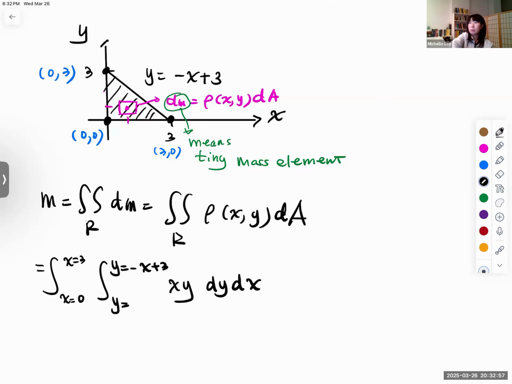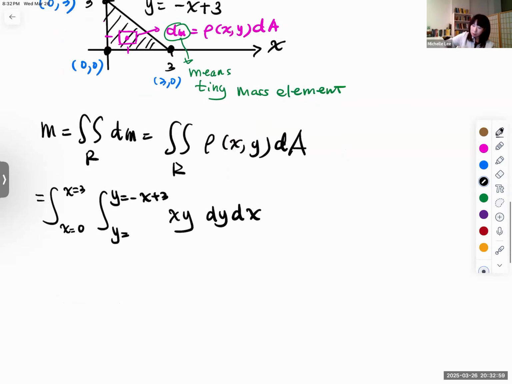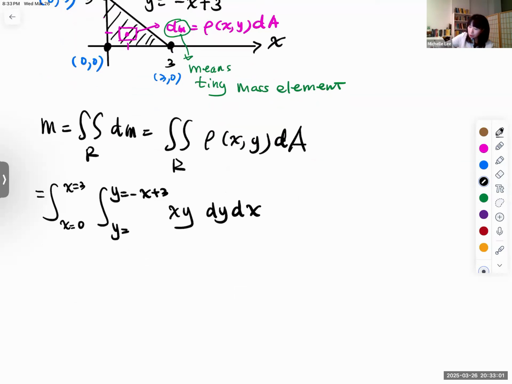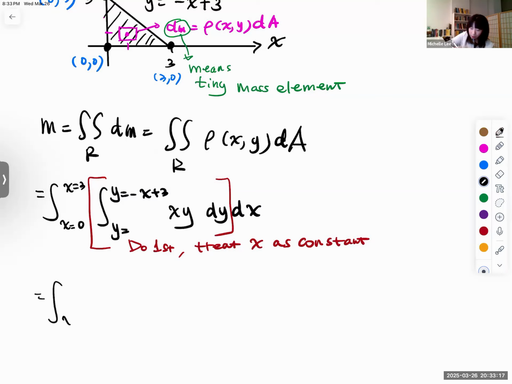Then we integrate with respect to y first, treating x as constant. So x from 0 to 3.